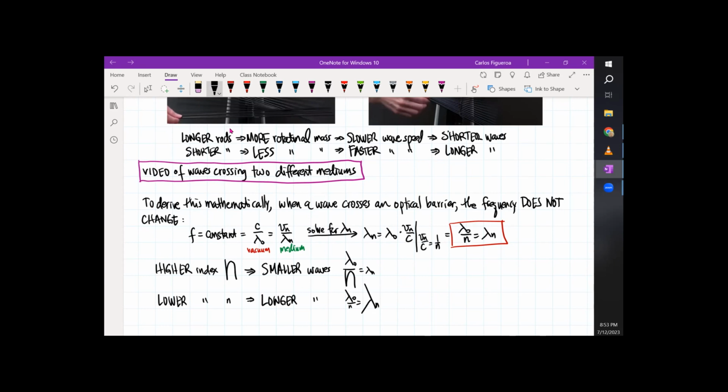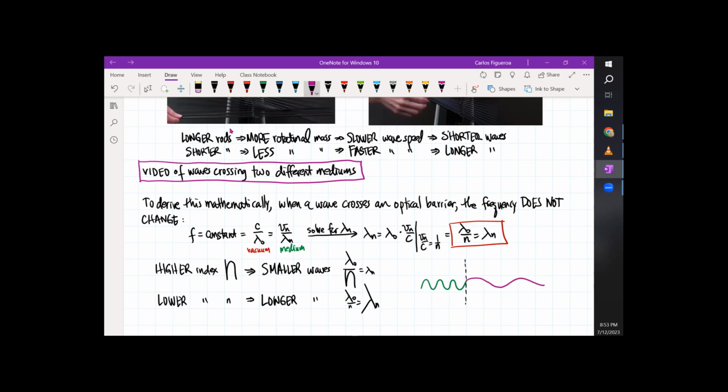So if I look at the boundary, here's what I'm seeing here. I'm going to have waves that are incident, and here I come. And as soon as I hit the boundary, these waves get much longer.